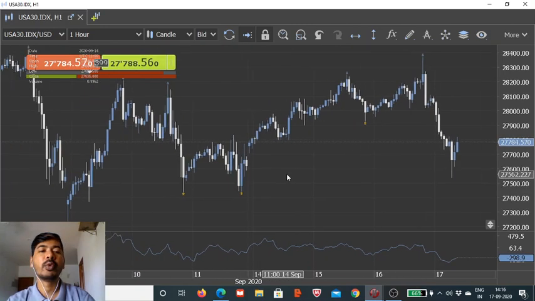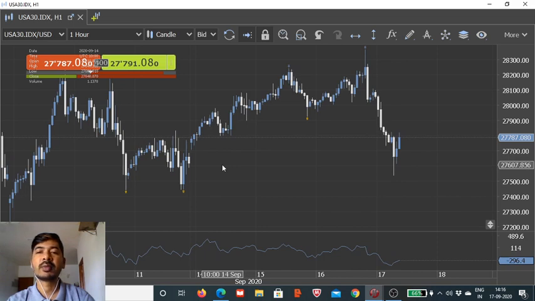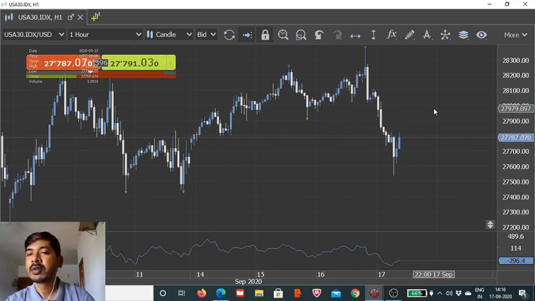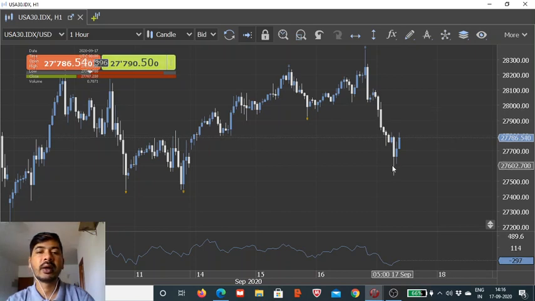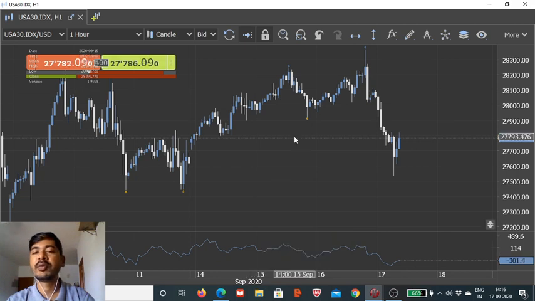It moves with the price, so we have the current assessment quick and swift, and as soon as the price moves, it is reflected in this momentum indicator, and that's the beauty of it.